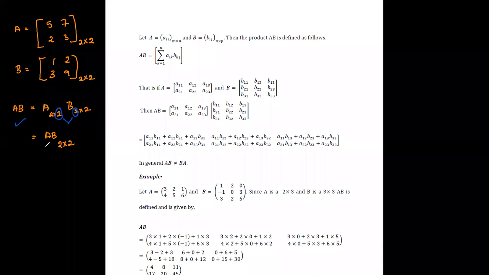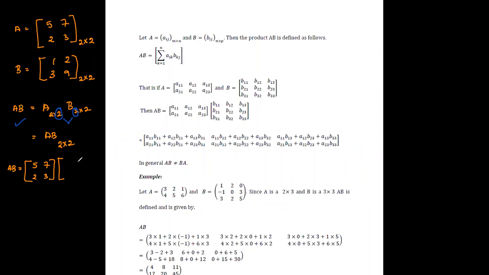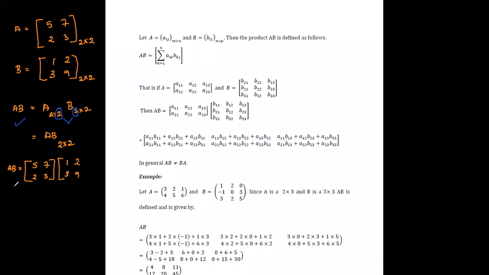Now we'll see how we can perform this calculation. If you are having this calculation as this matrix AB, if I write down the values, then here I'm having 5, 7 with 2, 3. Then the next set of values here are 1, 2, 3, and 9.